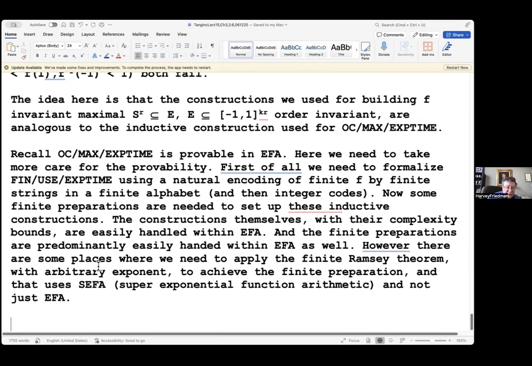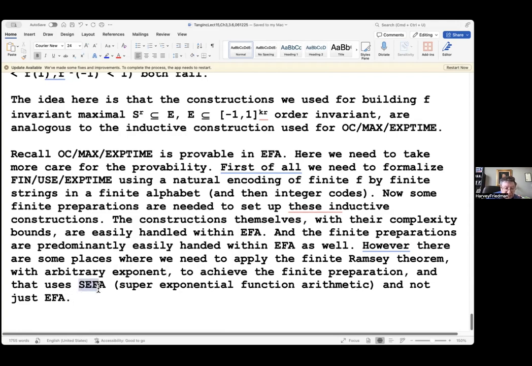However, there are some places in the finite preparations where we have to apply the finite Ramsey theorem. We're applying the finite Ramsey theorem with arbitrary exponent, generally the exponent k, to achieve the finite preparation. And that uses CIFA, super exponential function arithmetic, and not just EFA.